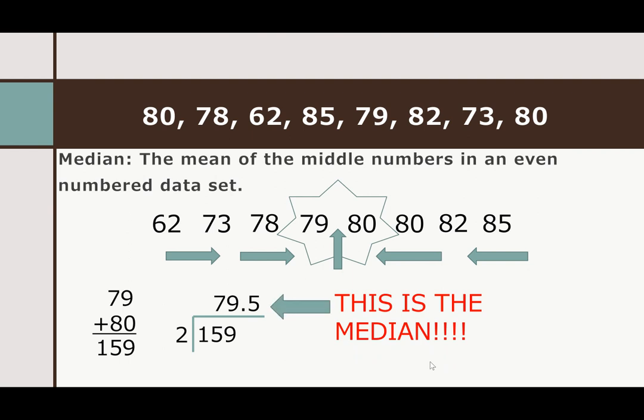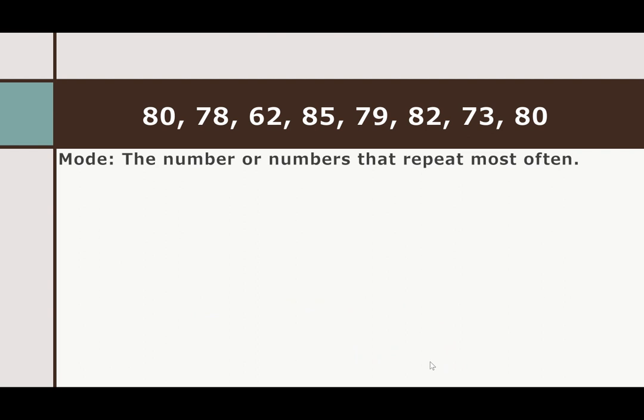So now that we've looked at mean and median, let's take a look at mode. We'll keep our same data set with the additional number in it, and we'll once again put our numbers in order from smallest to largest, 82 and 85.